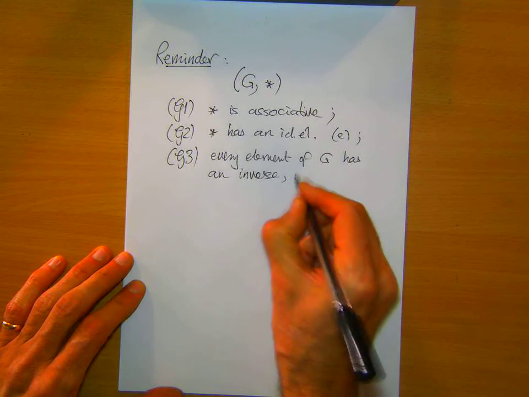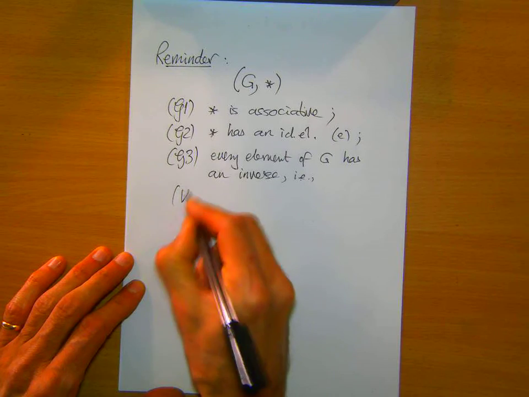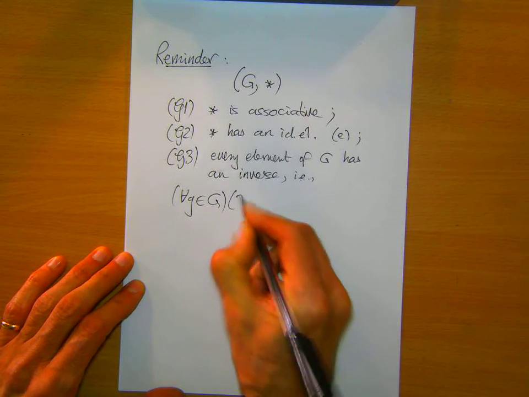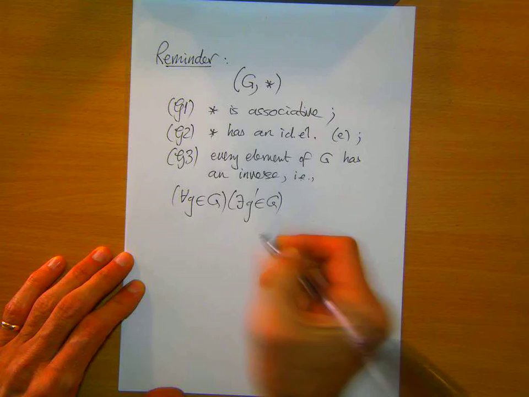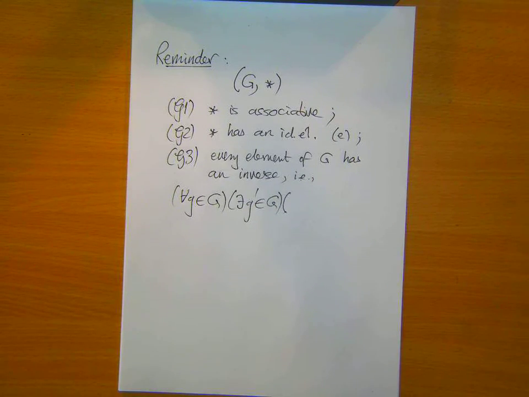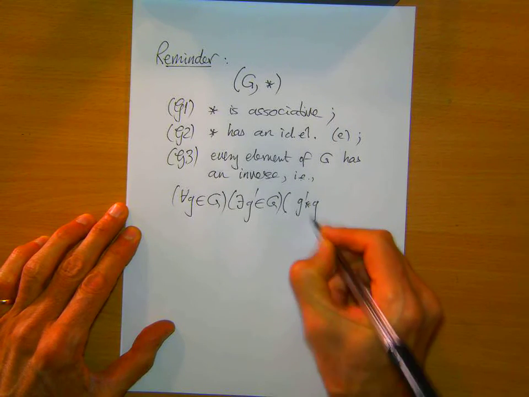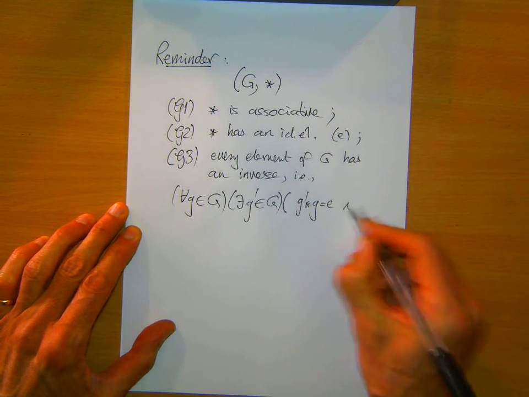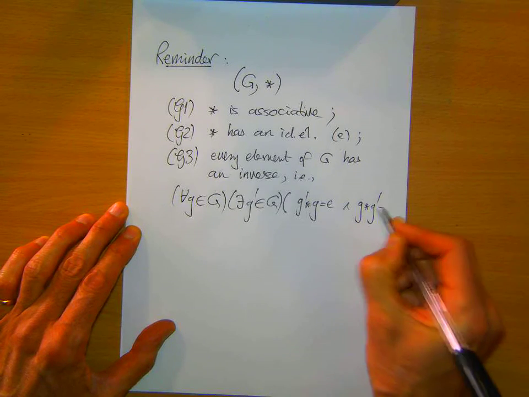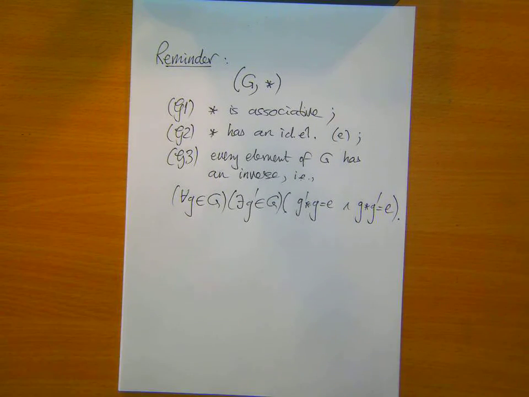In other words, for every element in G, there exists another element of G, which kind of undoes G in the sense that if I do G prime and G with the binary operation, I get E, and also the other way around. So I'm using fairly abbreviated notation here. So every element has an inverse.